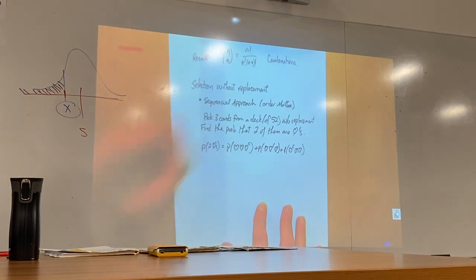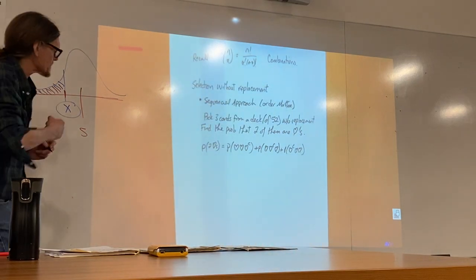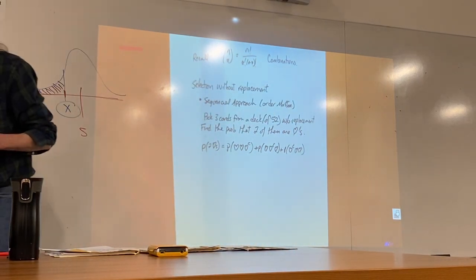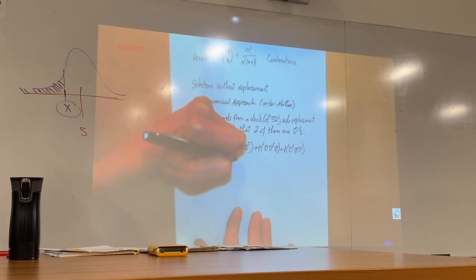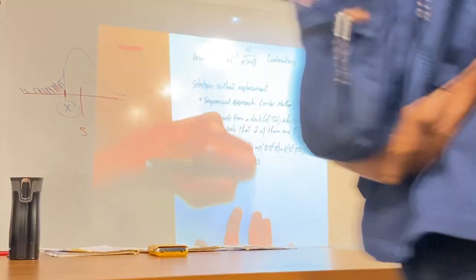We did convince ourselves last time there are 13 hearts in the deck and 39 non-hearts. That would be 3 times 13 times 12 times 39 over 52, 51, 50.